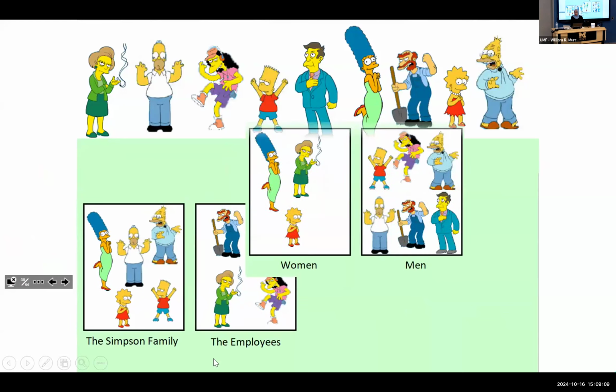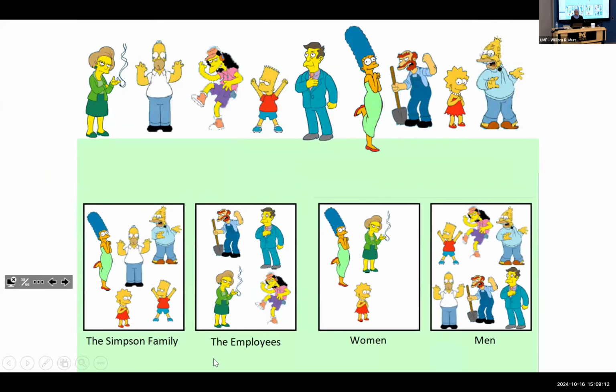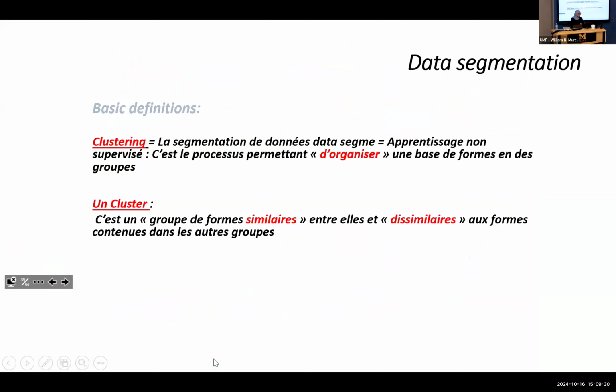Other students said we can divide them into men and women, and we can divide not only into 2 clusters, but into more clusters or groups. So this proves that segmentation is subjective, and we cannot have a fixed rule that says we can do classification based on this. It depends on the context and so on.